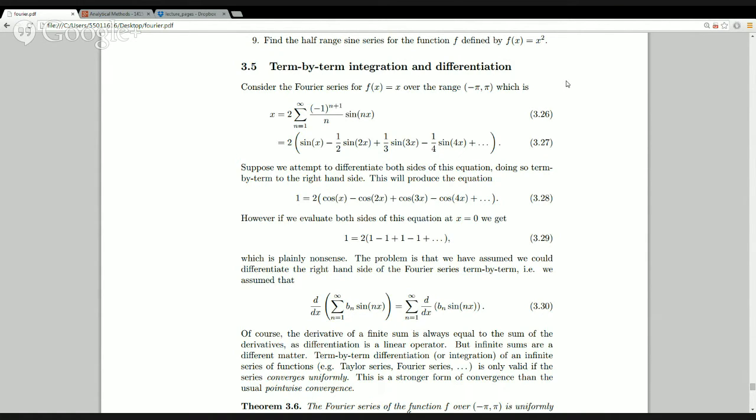That's it there in 3.26. So it's an alternating sum of sine functions. It's the minus 1 to the power n plus 1, with an alternating harmonic series coefficient, 1 over n, in front of the sine functions.